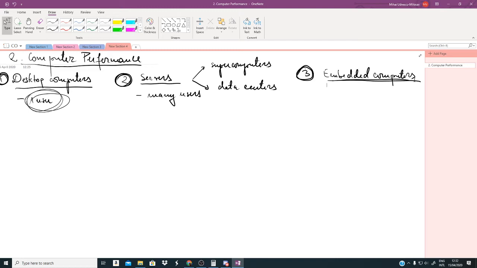For instance, I told you about the coffee machine in the lobby, in our university's lobbies. Well, these are embedded systems, but also the cars.